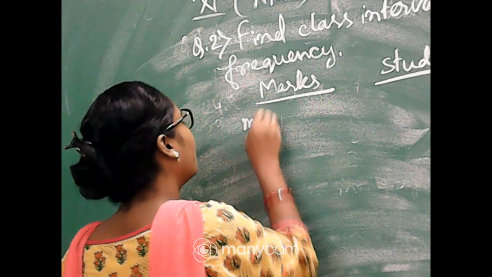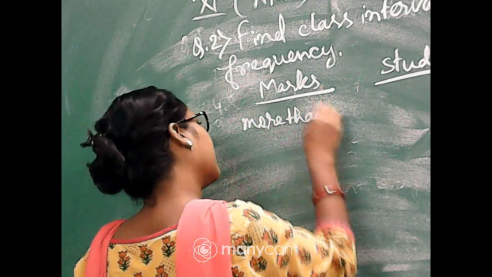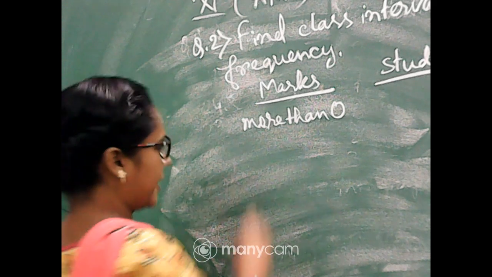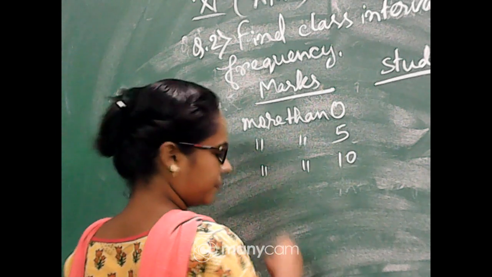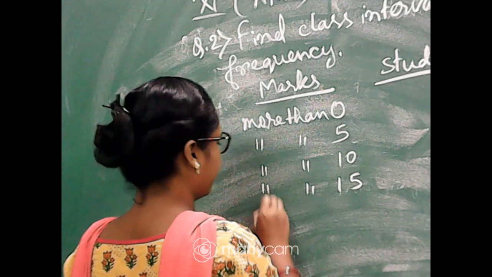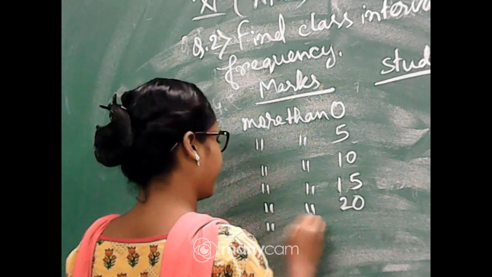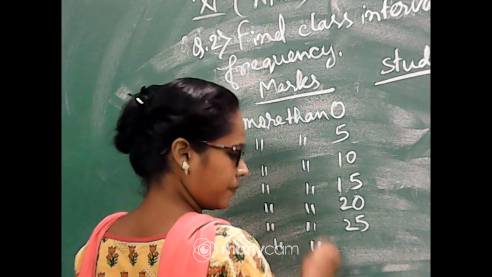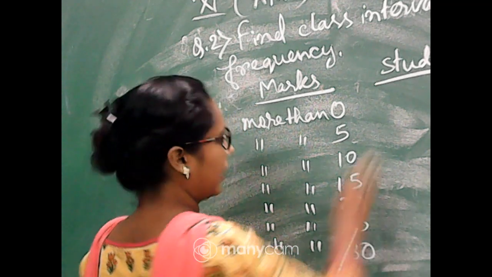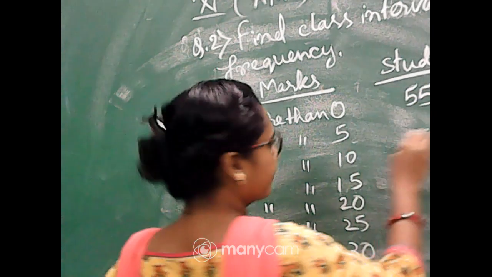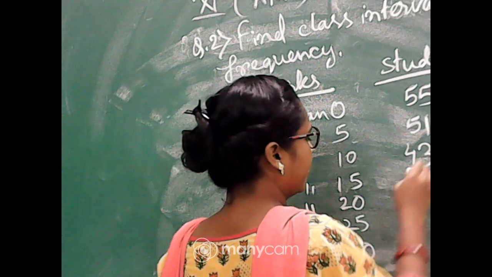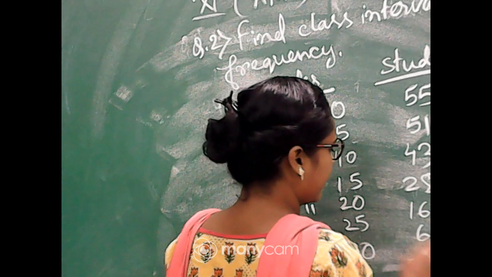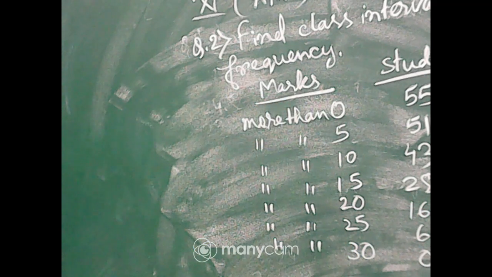Marks more than 0, next more than 5, 10, 15, 20, 25, 30 and students 55, 51, 43, 28, 16, 6. So, the question is find class interval and frequency.